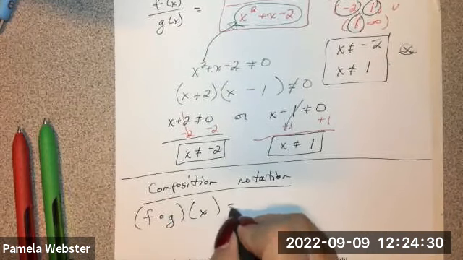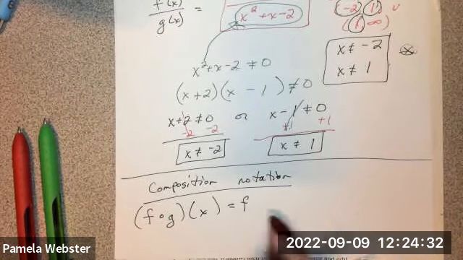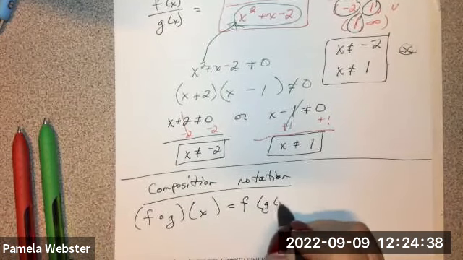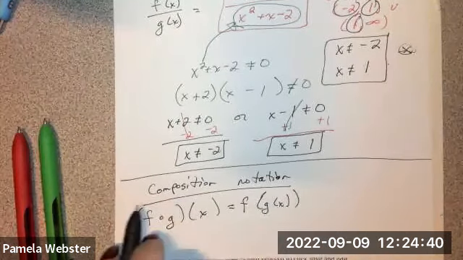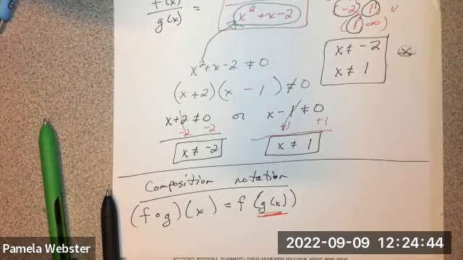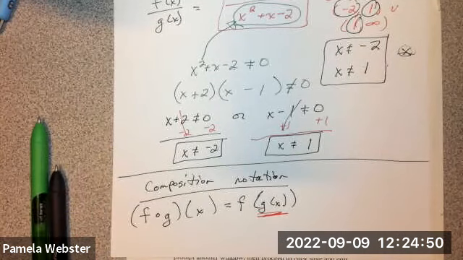So what that means is you take your function f and literally you're going to put into it the g of x. So instead of x being inside of the f, we're going to take the one function and we're going to shove it inside of the other one. Okay, so we're going to stuff it in there and then we're going to see what that does to it. And sometimes it does kind of interesting stuff to us. So f composed of g of x.